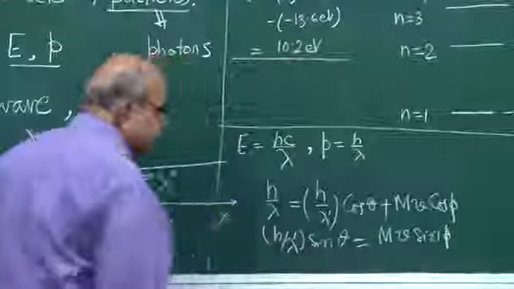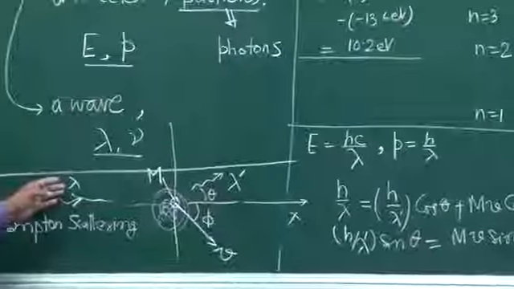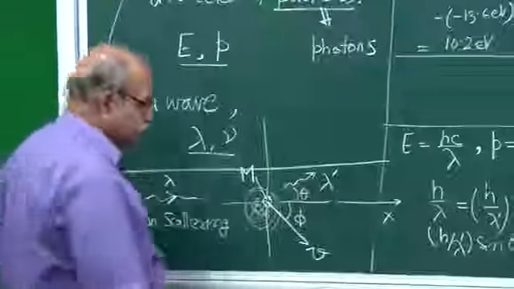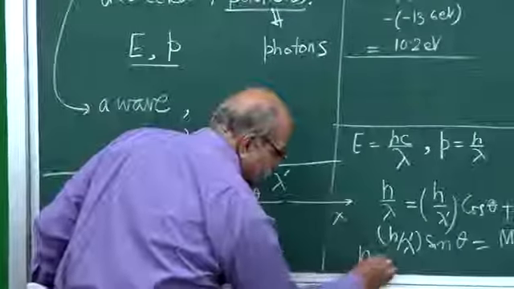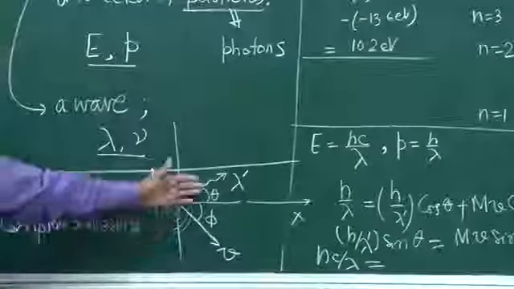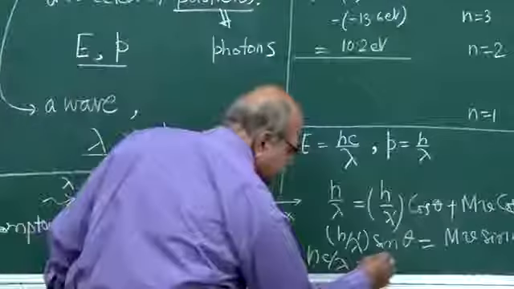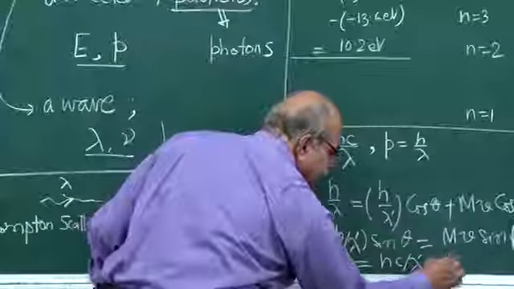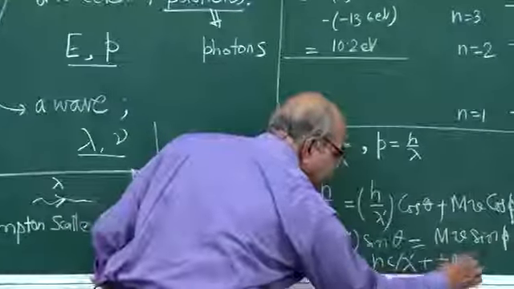And finally, the energy conservation. Here the energy is hc over lambda. So, this is hc over lambda, and here the energy is hc over lambda prime plus half m v square.